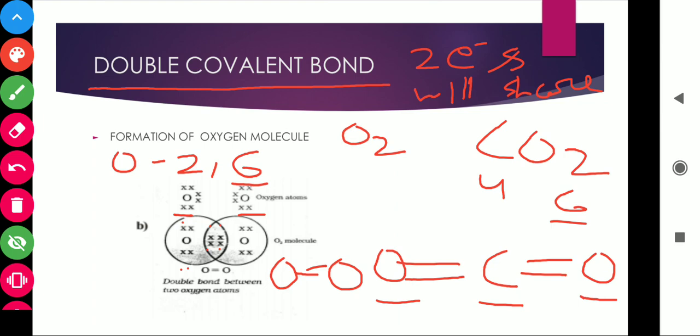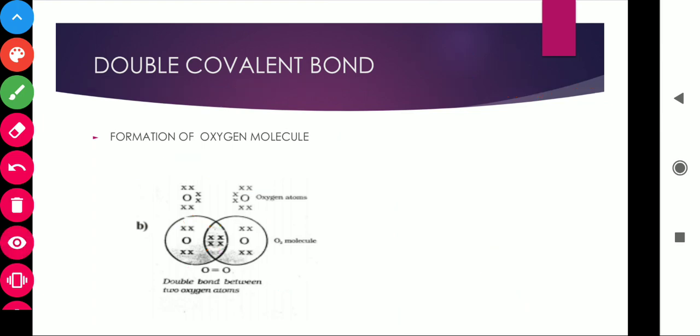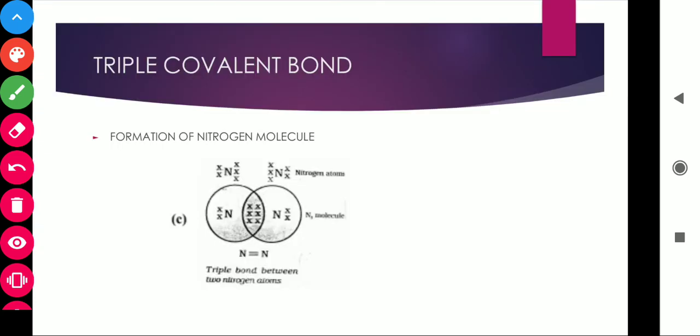Next is the sharing of 3 electrons. If 3 electrons get shared between 2 atoms, example nitrogen, 2, 5, atomic number 7, it requires 3 electrons and 3 electrons get shared here.